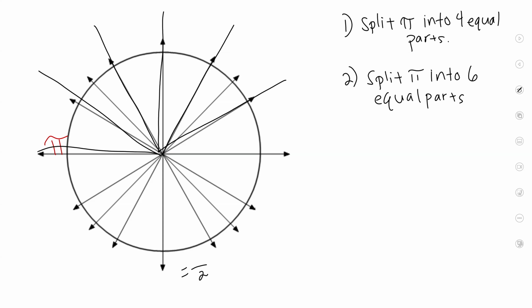That's 6 sections of pi, increments of 30 degrees. So this is 1, 2, 3, 4, 5, 6. If I do the bottom half, 7, 8, 9, 10, 11, 12. And these are each pies. So I'm going to just put pies here.